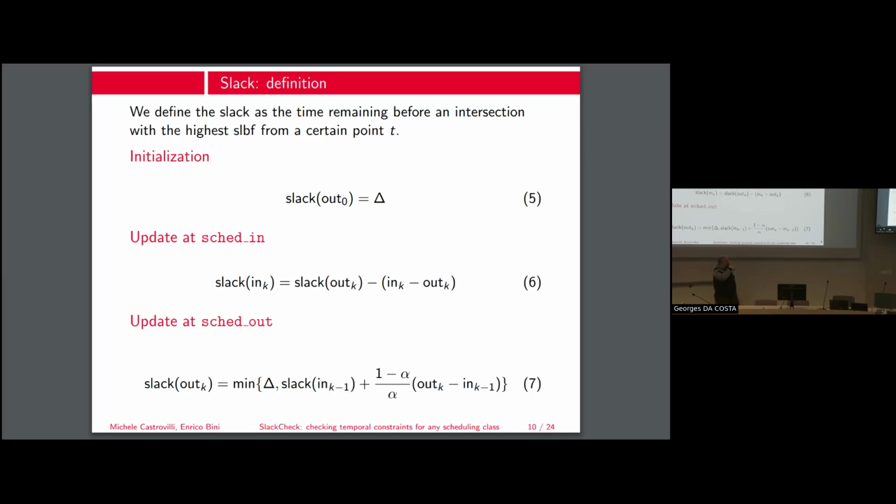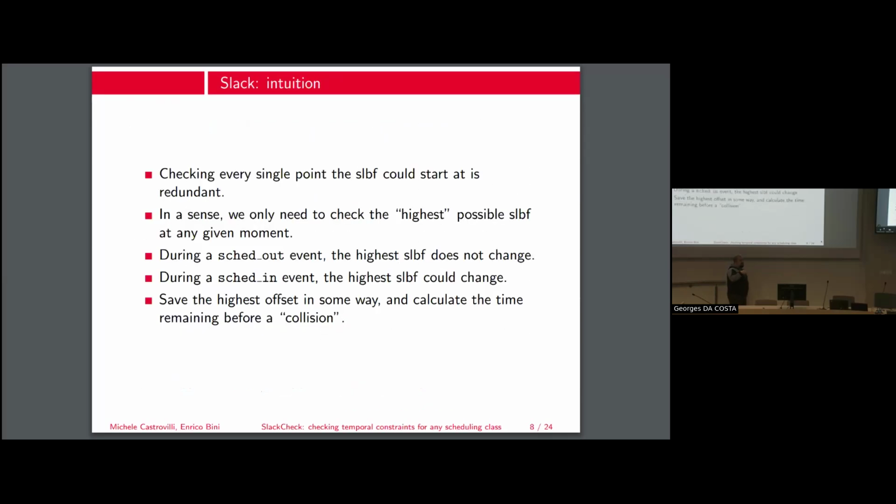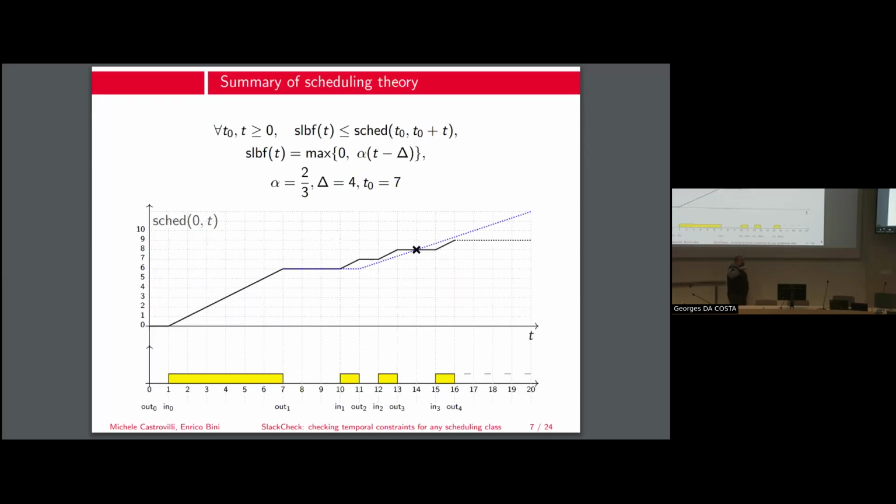And the important thing that to me really changes the entire algorithm from just being a sum of the execution time is that this Slack out has a minimum with the latency at most. Therefore, if I have to re-update at the latency, that means that I'm basically taking a new highest SLBF, the lower latency bound.